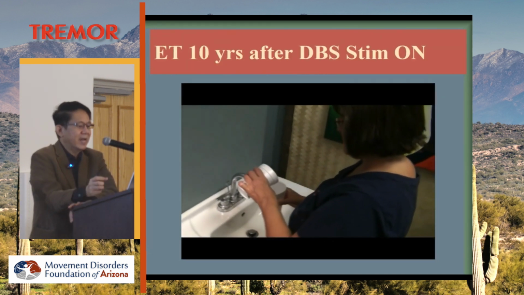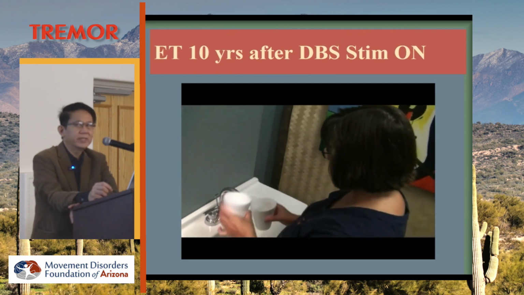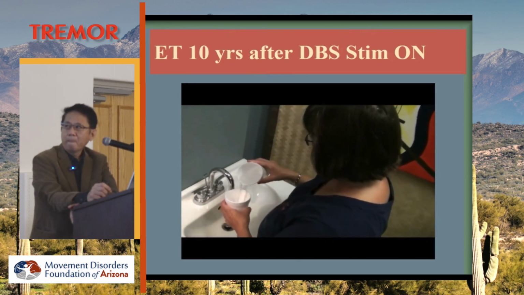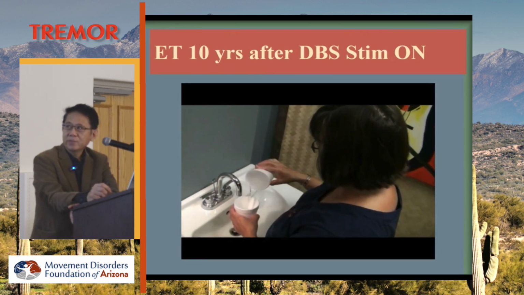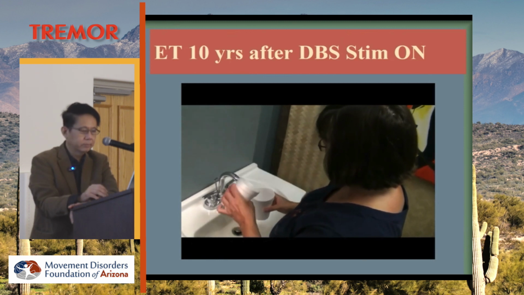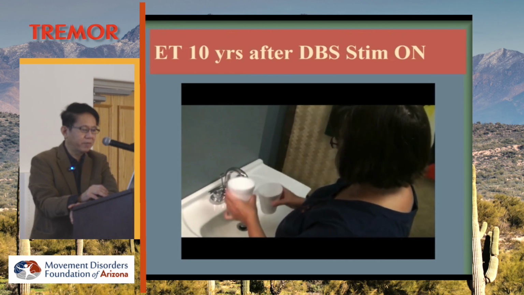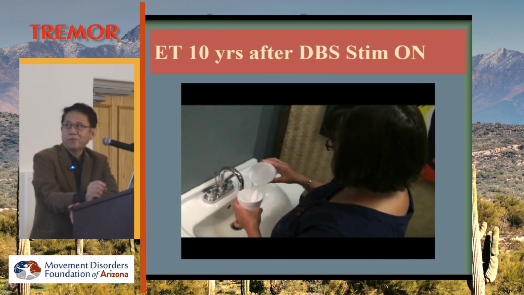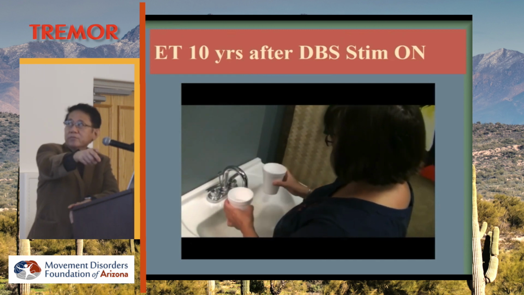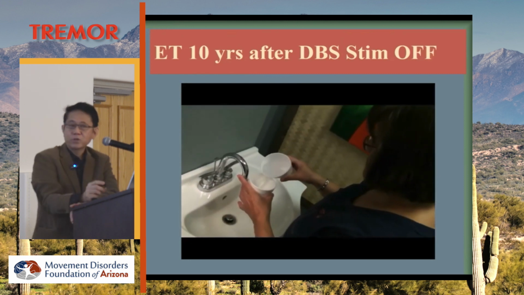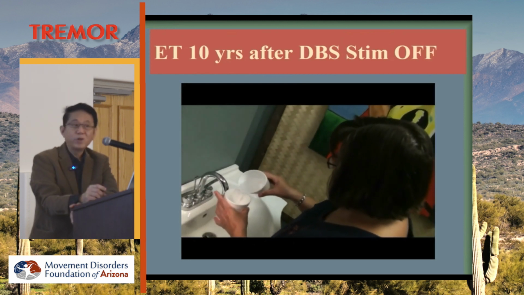What about ET? Does it last? So this is an individual that we did more than 10 years ago when the video was done, and this is the stimulator on. So we do an on-off testing every now and then. This is the stimulator off. Let me just forward this. Here, this is off. So we know it's working.